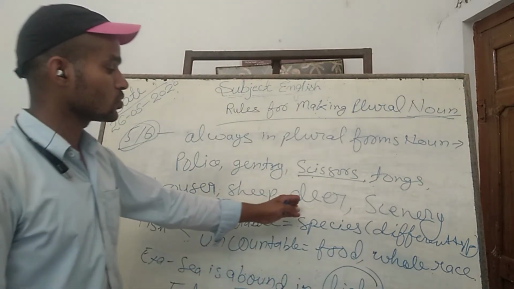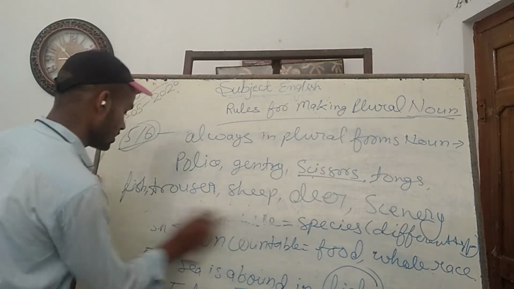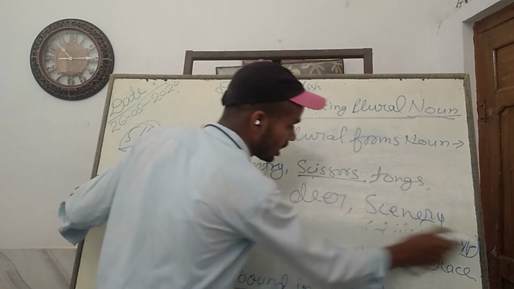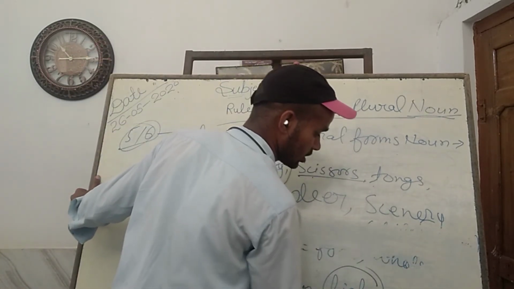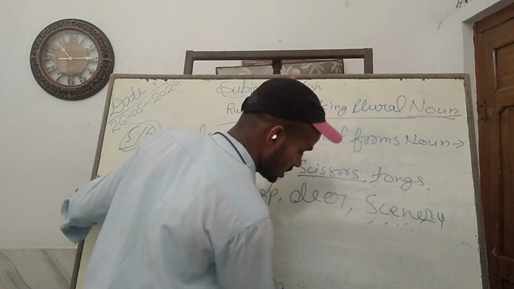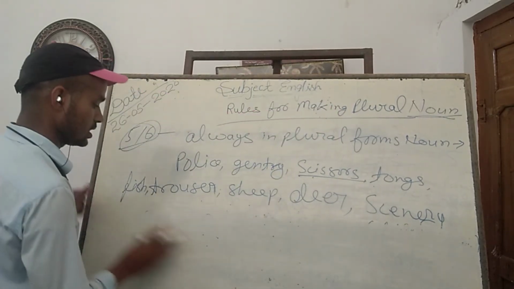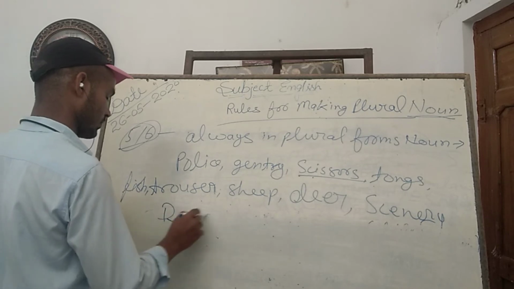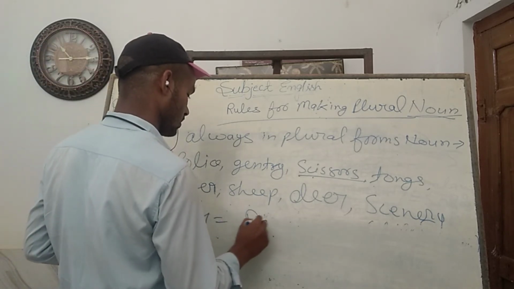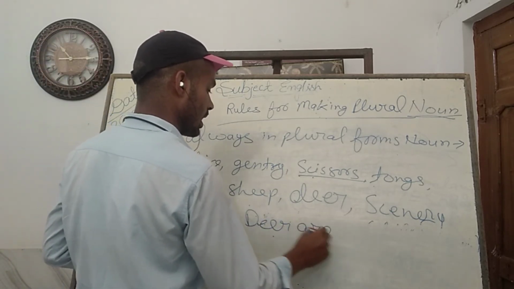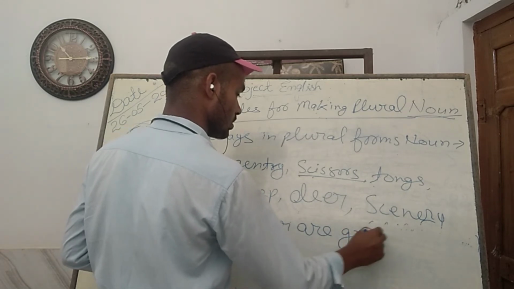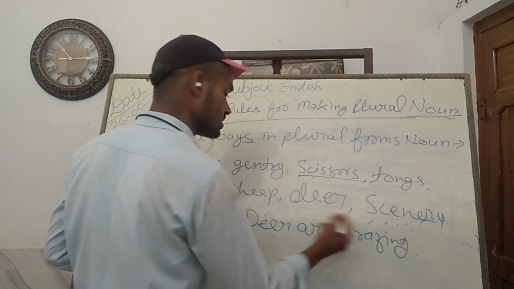In deer also, you can use deer is and deer are, both for the singular and plural purpose. For example, deer are grazing. हिरण जो है चर रहे हैं.